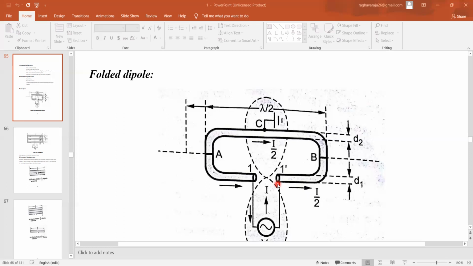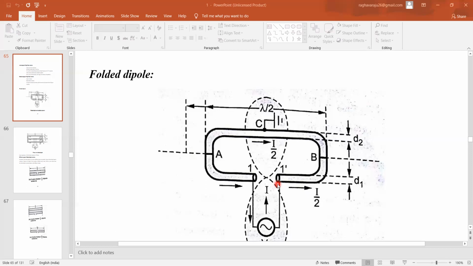The pole opposite to the energy source has diameter d2. These d1 and d2 are configured in millimeter dimensions. We are taking aluminum as the material to make this, for radiation in the major lobe direction.